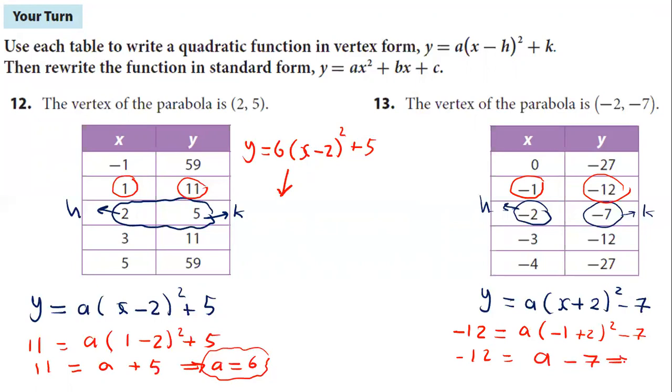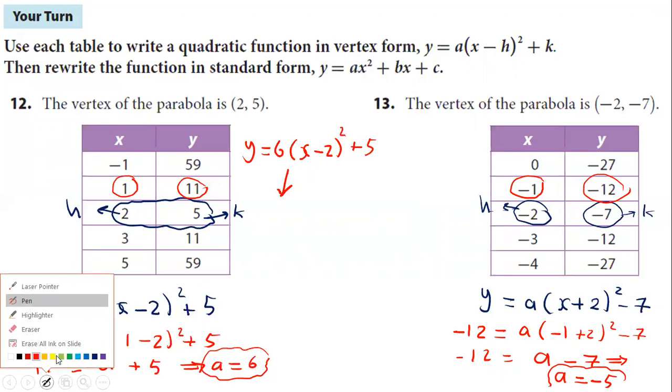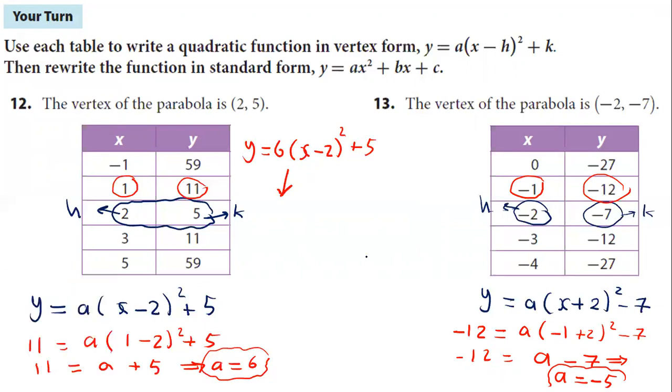So a equals: this minus 7 goes to the other side, so minus 12 plus 7 will be minus 5. So a is minus 5. We rewrite the function in vertex form like this: y equals negative 5 (x plus 2) squared minus 7.